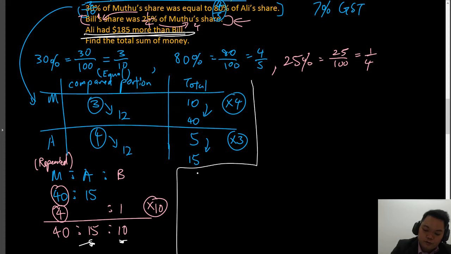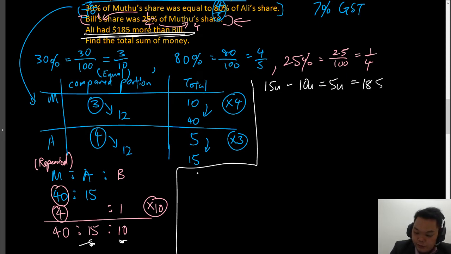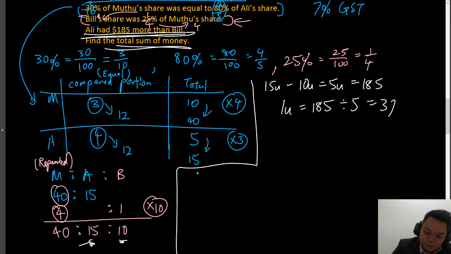Okay, so 15 units, the difference between A and B. Comparative statement, 5 units is going to be worth $185. And when you got that, 1 unit will be 185 divided by 5 to give you 37. Okay, and once you got that, find the total sum of money.